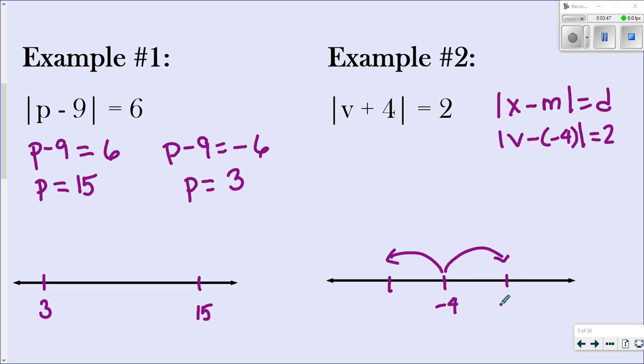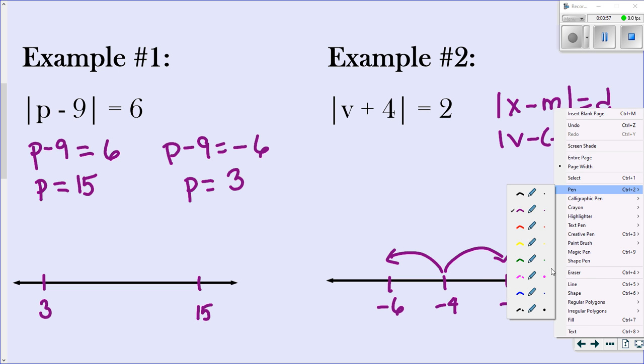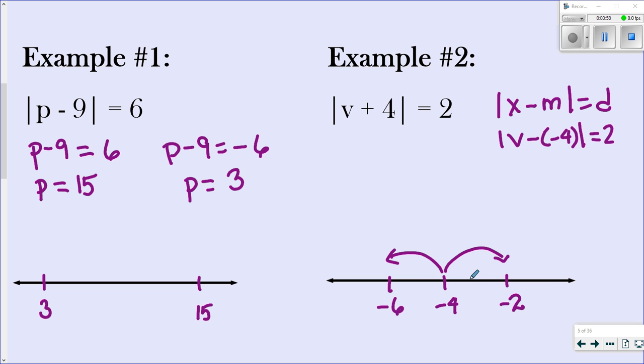If you go 2 to the right, you get negative 2, and 2 to the left, you get negative 6. And if you didn't remember this, but you just straight solved it, you would have 2 equations. One of them, the distance would be positive, the other one would be negative. Then you would just solve, so this would be negative 2, and this one would be negative 6. You got the same numbers.